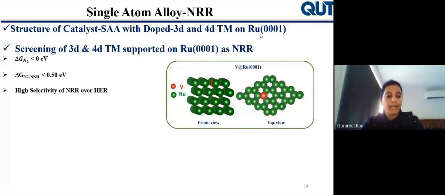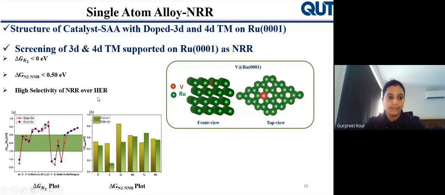The second criterion is the first hydrogenation step, because in almost all the cases studied so far, this step is considered to be the potential determining step, that is, the highest energy step. So it should be less than 0.50 electron volt. And in addition to these two, it's also important to study the selectivity of NRR over the hydrogen evolution reaction.